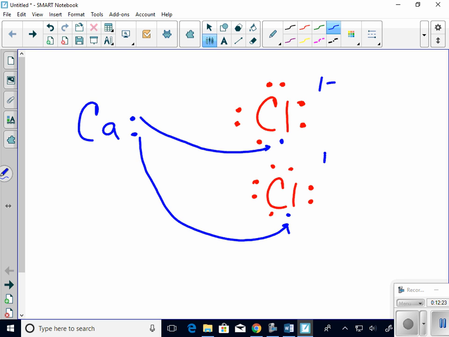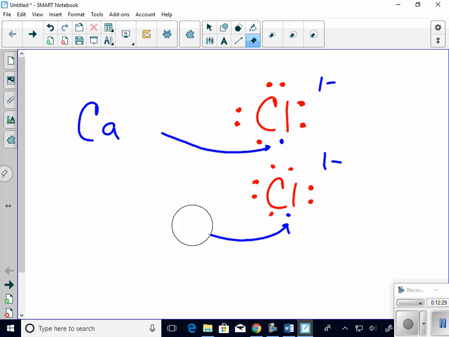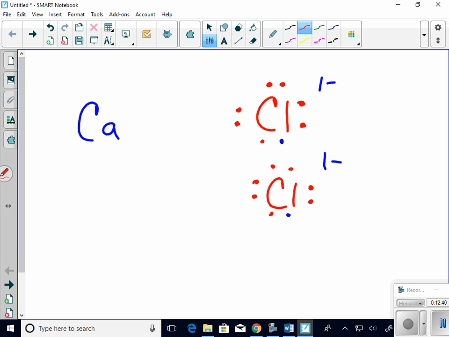So now I have calcium who lost 2 electrons. When it lost the 2 electrons, it became a 2 plus.